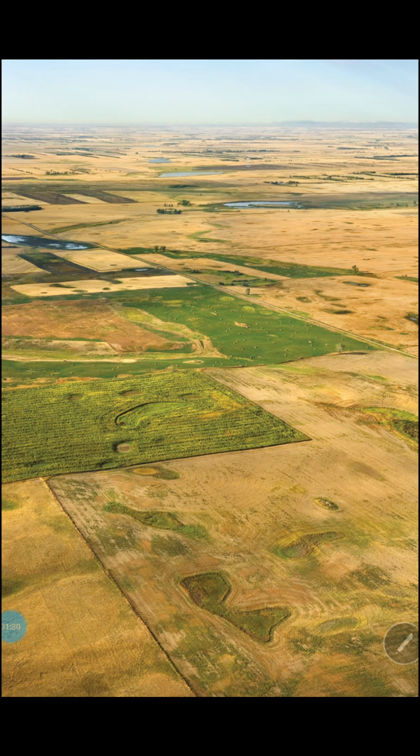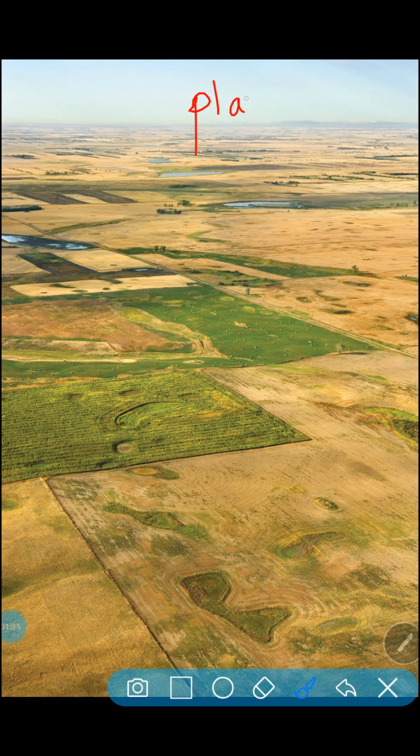We learned about plains. Plains are flat and wide, right? And they are very good for farms and growing plants and trees because they are flat and wide.